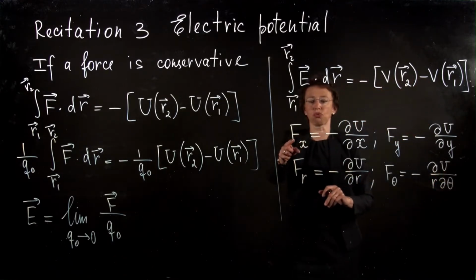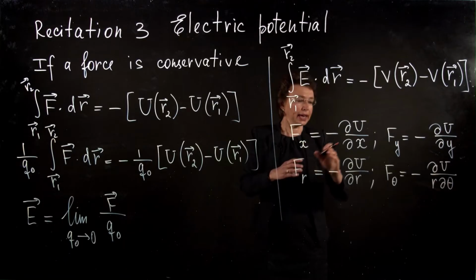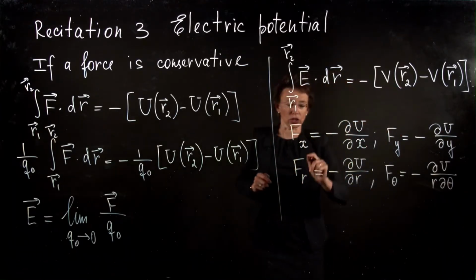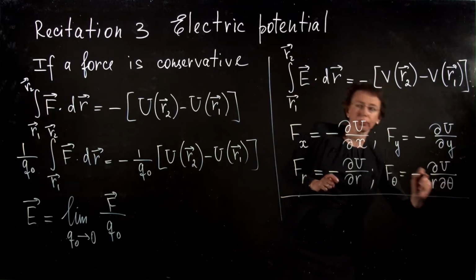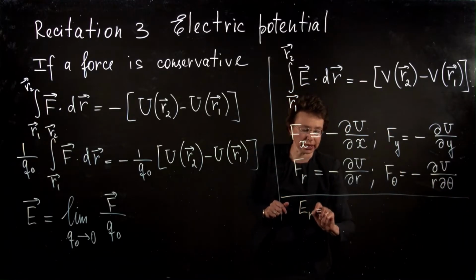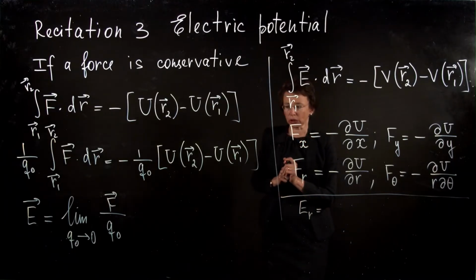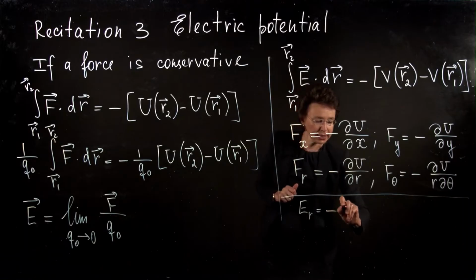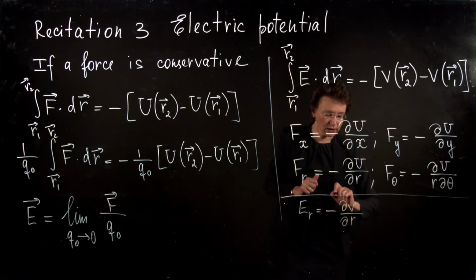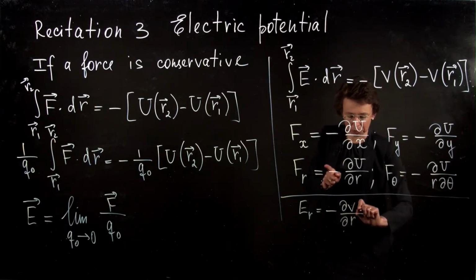Now instead of force we have electric field, and instead of potential energy function we have electric potential. So I will write both components of electric field, in polar and in Cartesian coordinates. What is Er? Er will be minus dV dr. This is in polar coordinates.